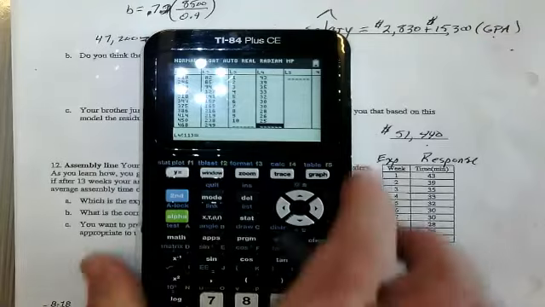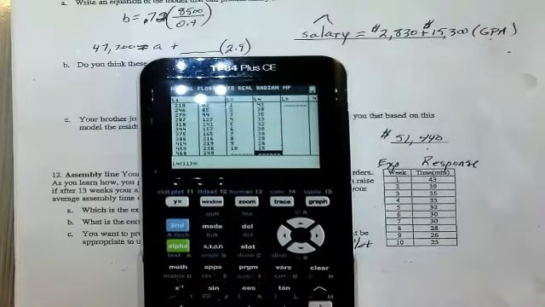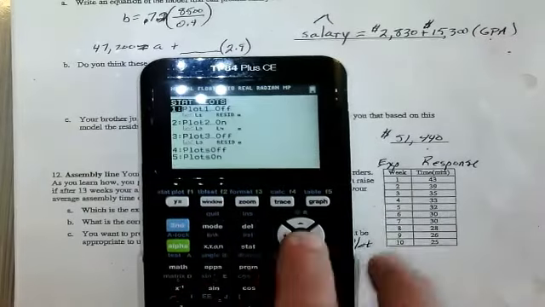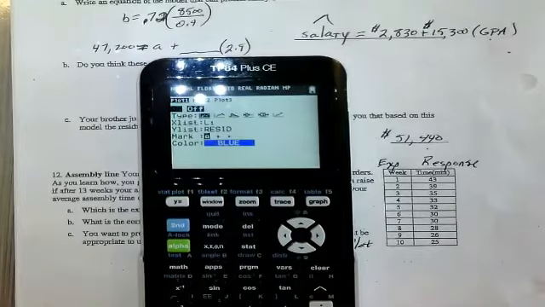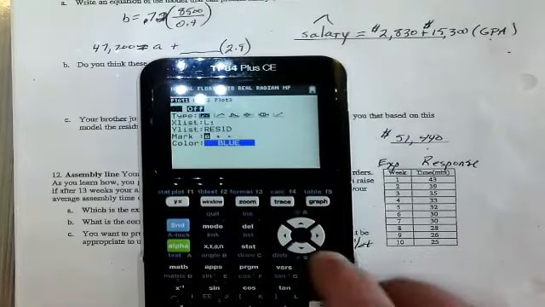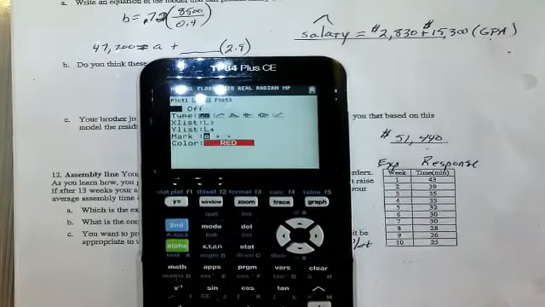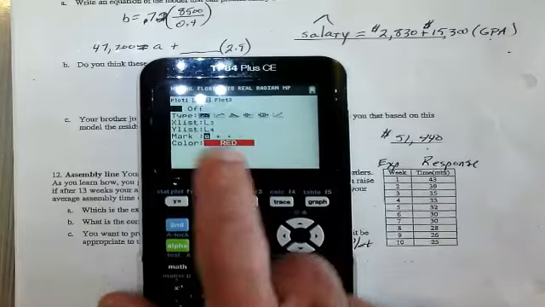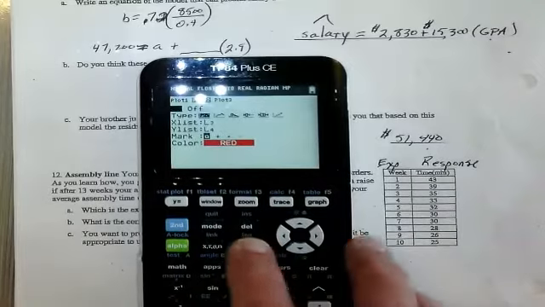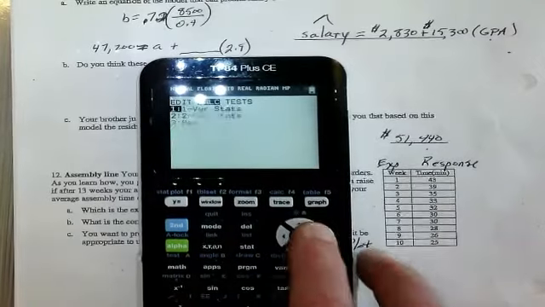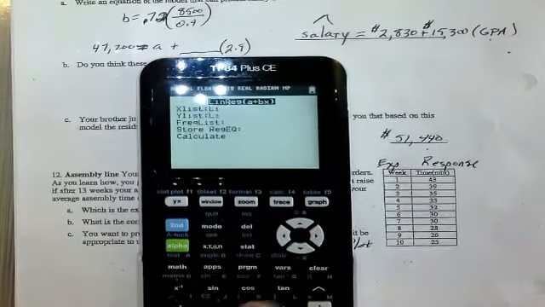So we have our numbers, and I've got them in L3 and L4. So I'm going to turn this scatter plot on. Oh, no, I'm going to turn this one off. It's already off. I want to go to 2 and turn this one on. Here's L3 and L4. And now I want to go stat and calc 8 for L3 and L4.